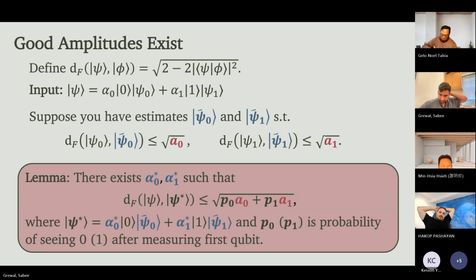Sorry, can I just ask a question about this? You're talking about existence here, which is confusing me a little bit. Is this really existence, or are you talking about whether there's an algorithm for doing this in an efficient way? I'm just talking about existence.